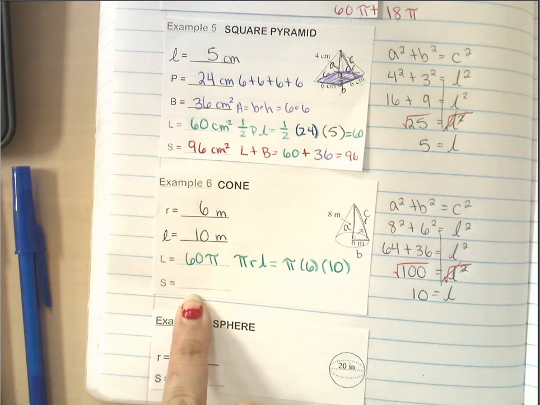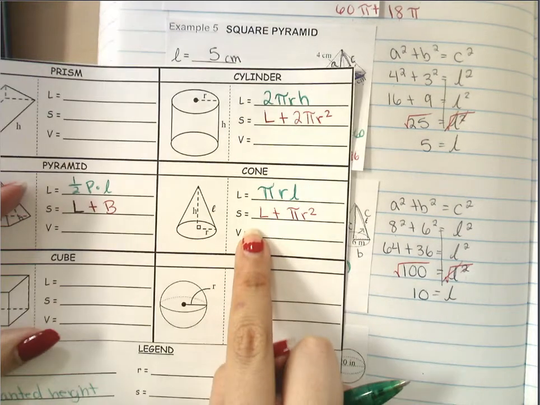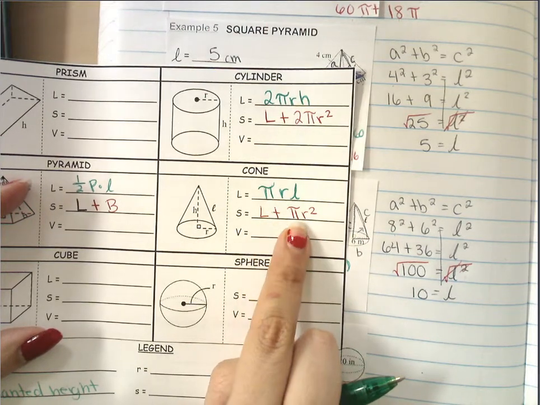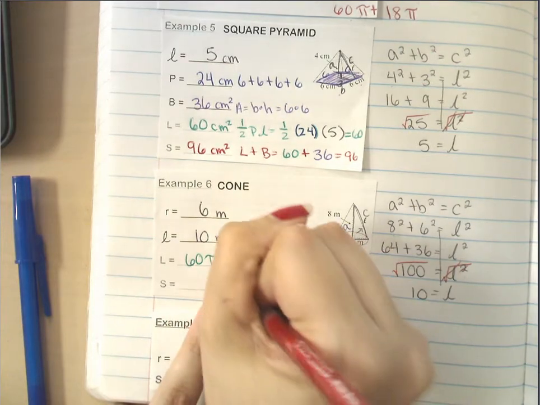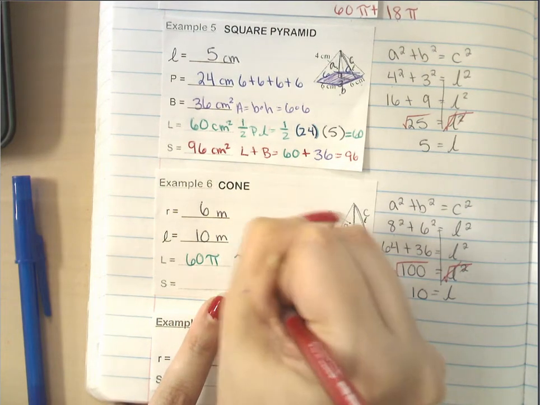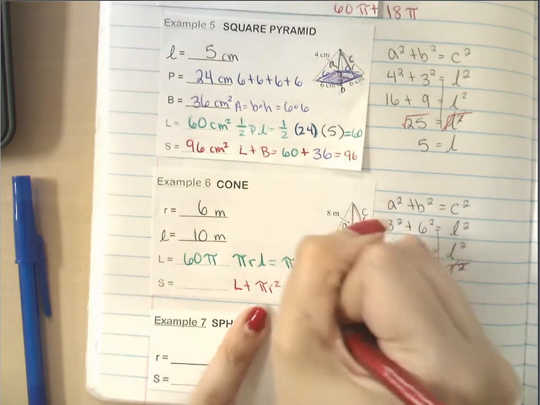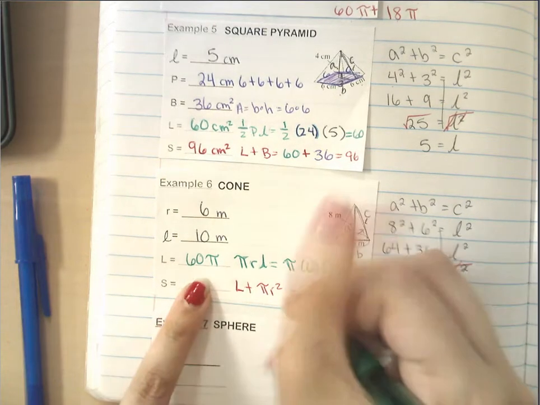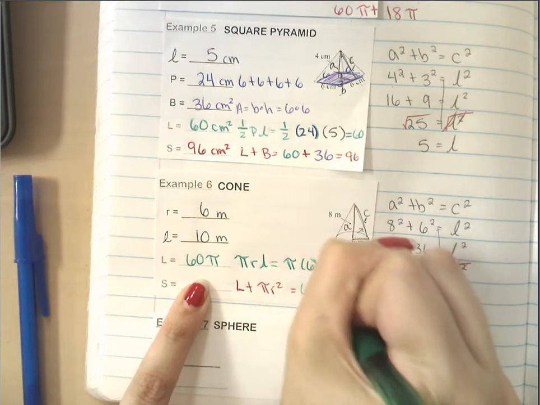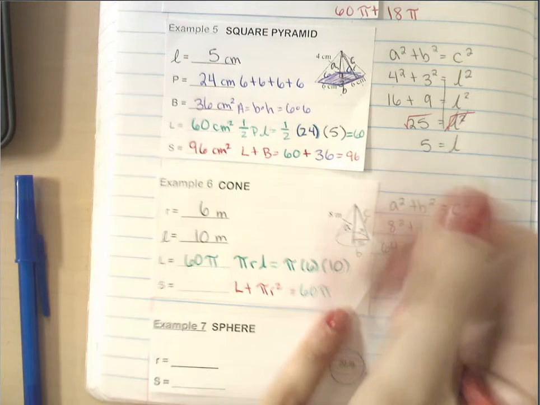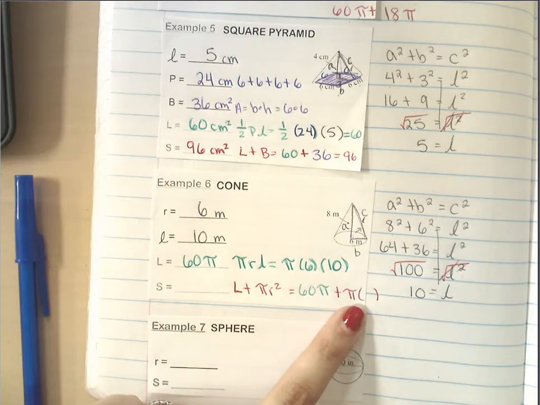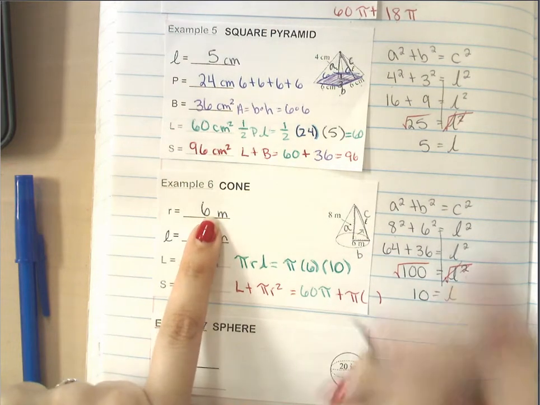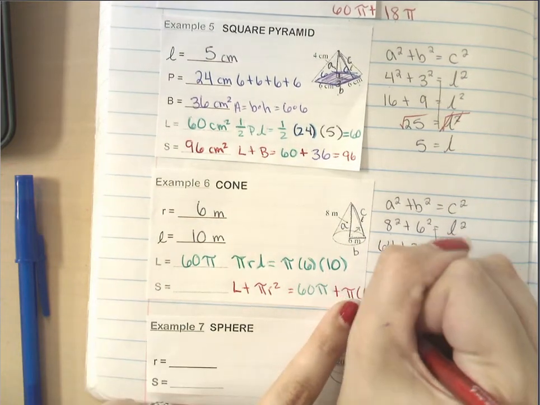Okay, and then for the total surface area, here's your formula. L plus pi r squared, and so I'm going to copy my formula. L plus pi r squared. So my L is the 60 pi plus pi, the r is the 6, so 6 squared.